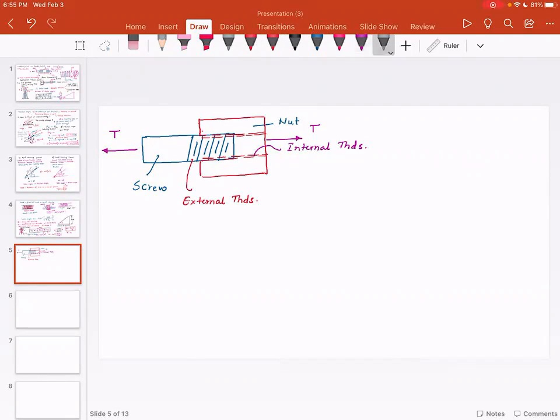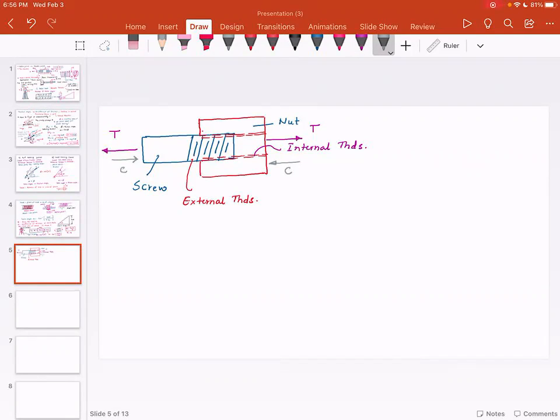There could be a compressive load on the nut and the screw. So this assembly is able to sustain tension load as well as compression load.